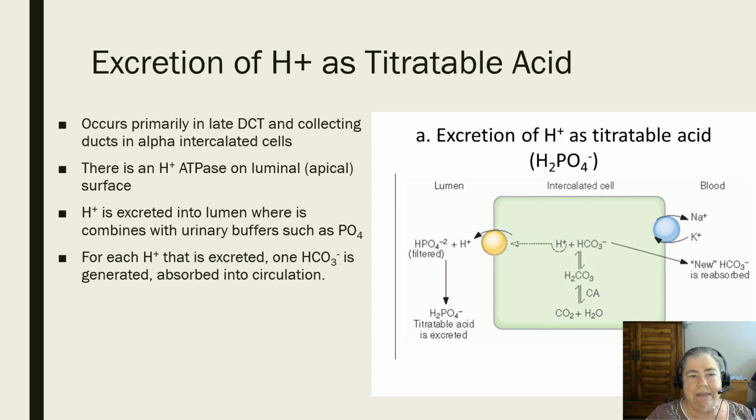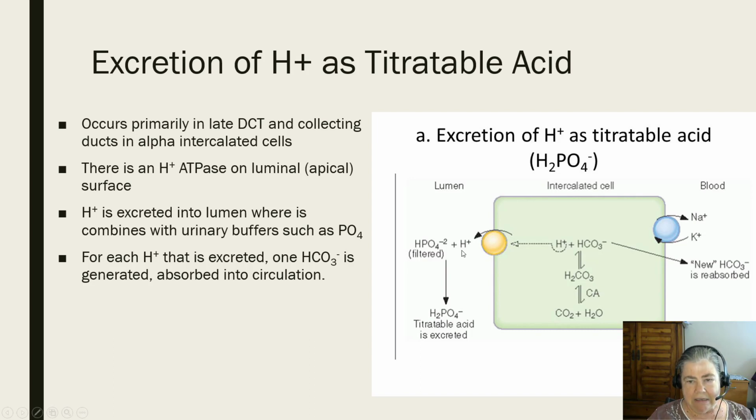This occurs mainly in the distal convoluted tubule and the collecting ducts, and there are specific cells within the tubular epithelium called intercalated cells that have a mechanism. On the luminal side, they have a pump which uses ATP to pump hydrogen ions into the urine.